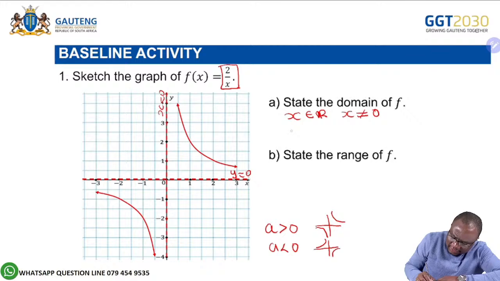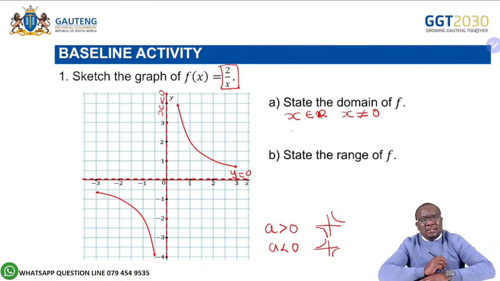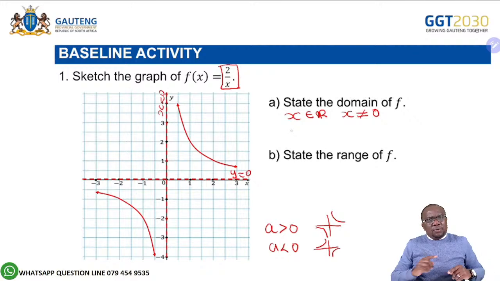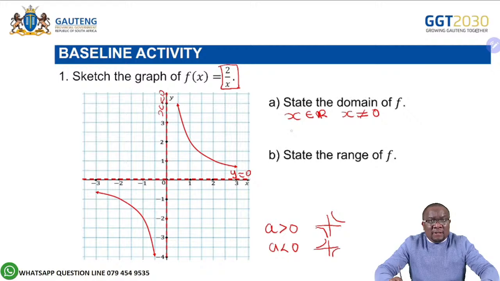I can say x is less than 0 or x is greater than 0. x cannot be 0. It can be less than 0 or greater than 0, but it can't be 0. Because when x is 0, the function becomes undefined.